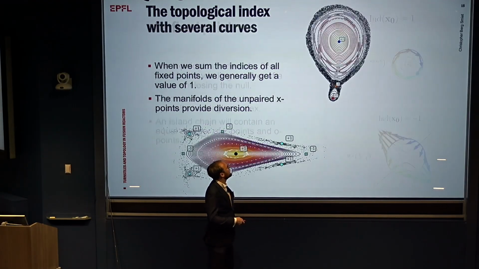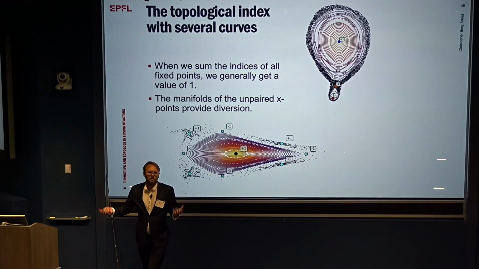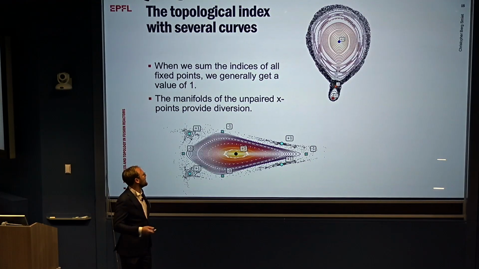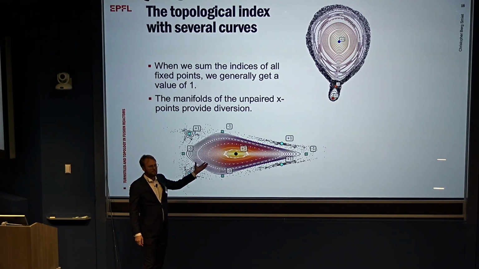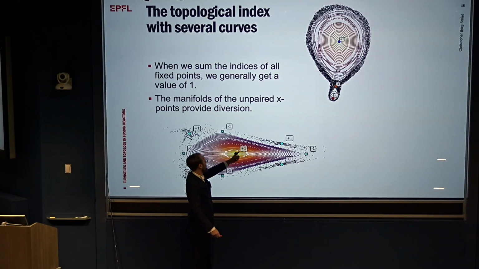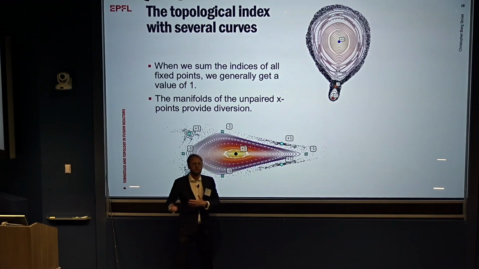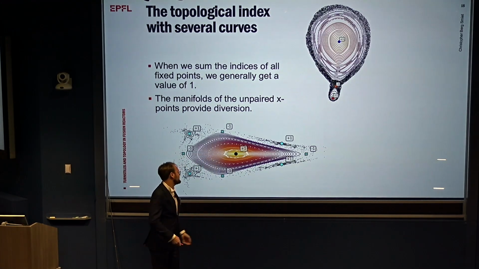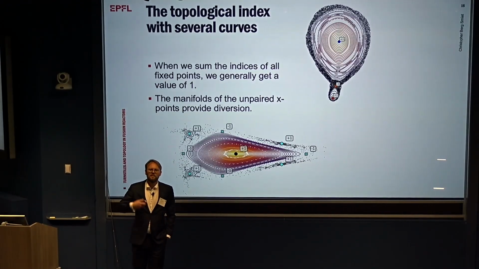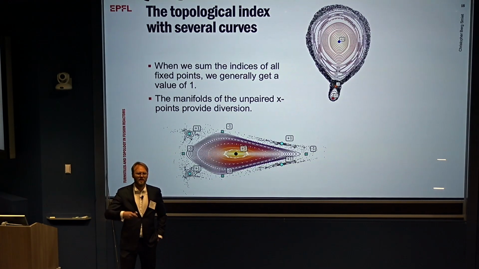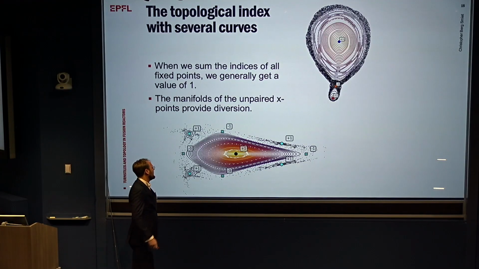So the total sum, the number of O points minus the number of X points, is 1. Even in the chaotic LHD configuration, we have an island chain with an equal number of X points and O points. They'll all cancel, and what we're left with is the magnetic axis. So for most configurations, the total index of the field map is +1.